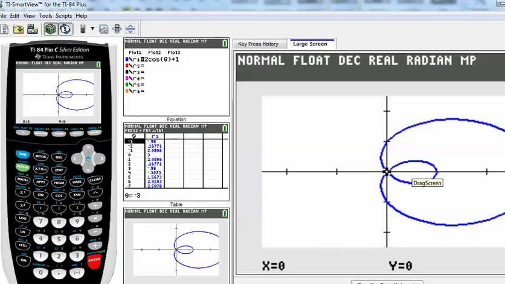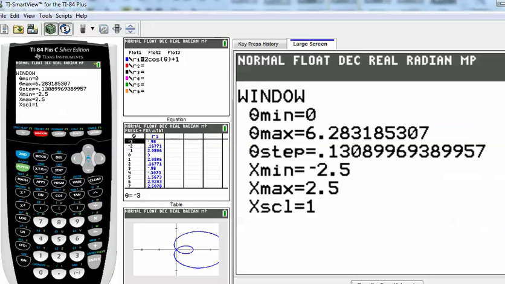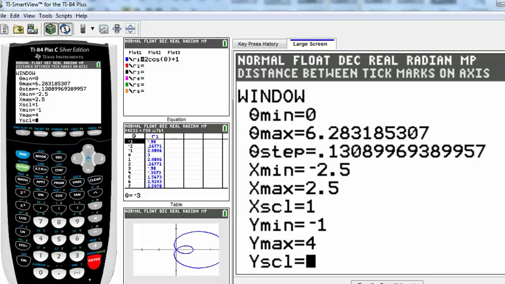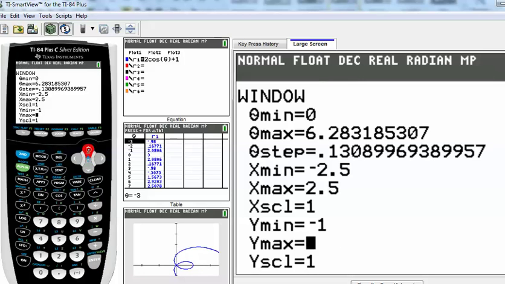And I'm going to change the window from -1 to 4. And I'd like to slow this down. I don't have that option. There it is, theta step .01.